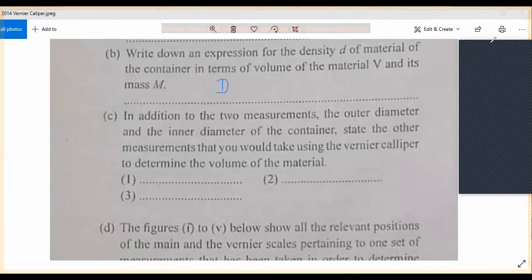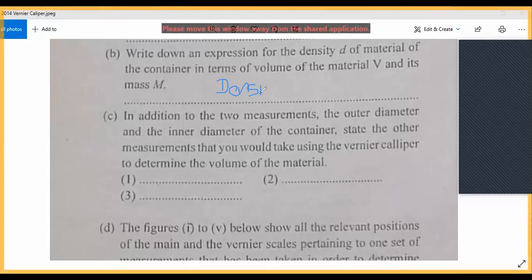Am I right, dear? Yes, sir. Density equals mass over volume. Mass is capital M, volume is V.